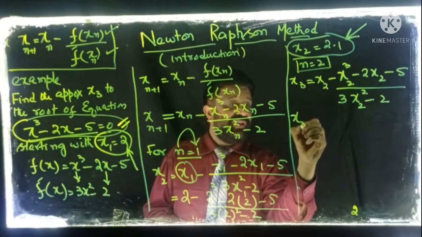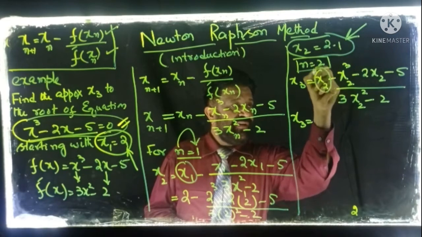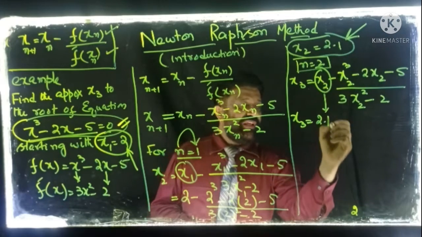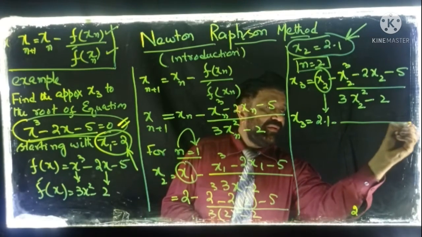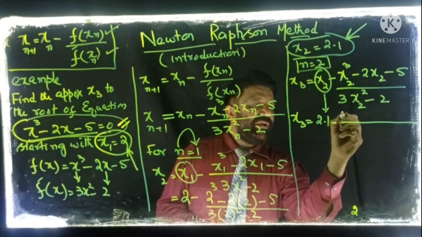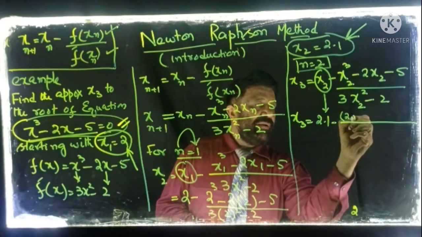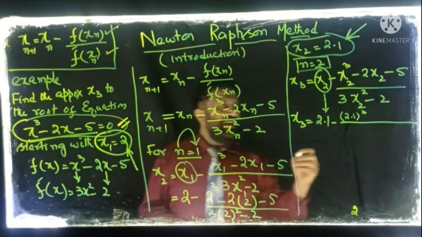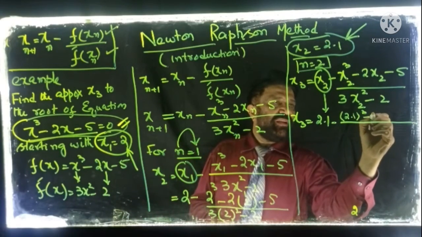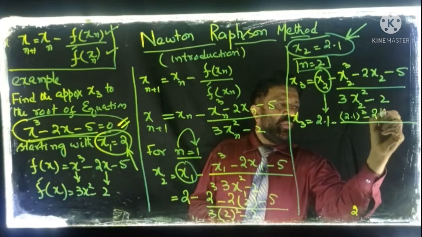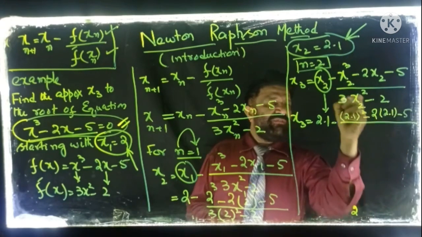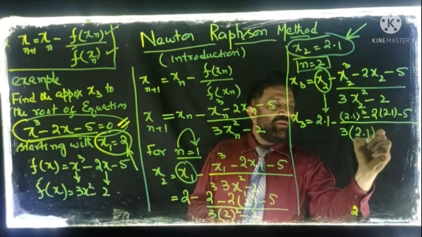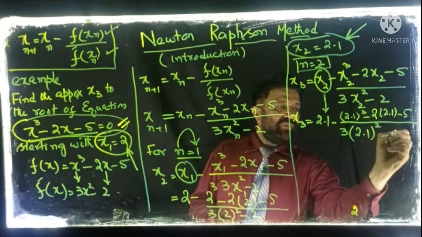So x3 equals 2.1 minus (2.1 cube minus 2 times 2.1 minus 5) divided by (3 times 2.1 square minus 2).